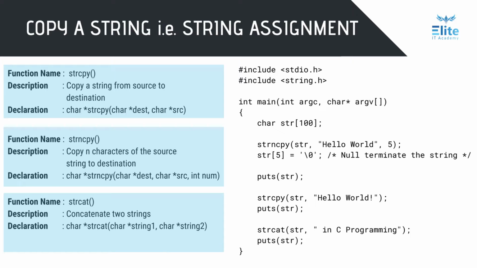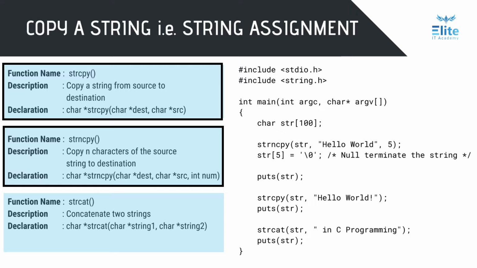The next set of string functions are the strcpy, strncpy, and the strcat functions, or the string cat function. Like all string functions in the standard C library, these functions are declared in the header file string.h. This file must be included in the code as shown here.